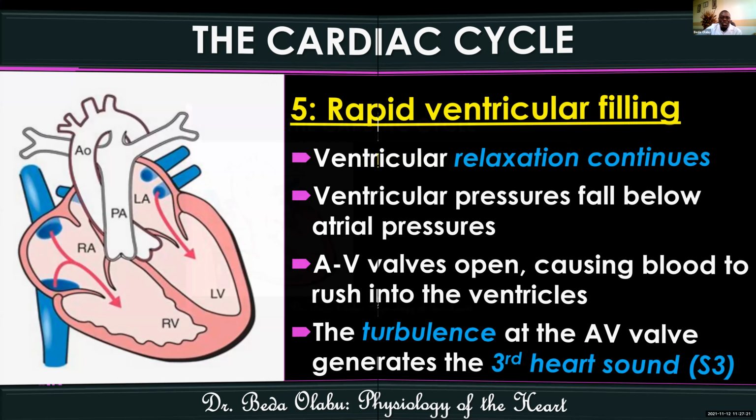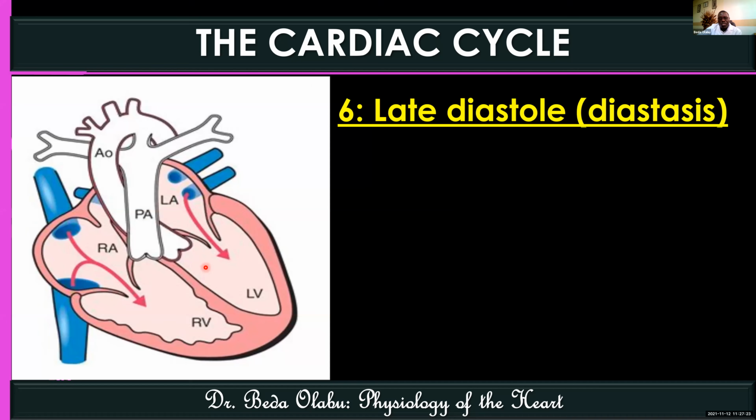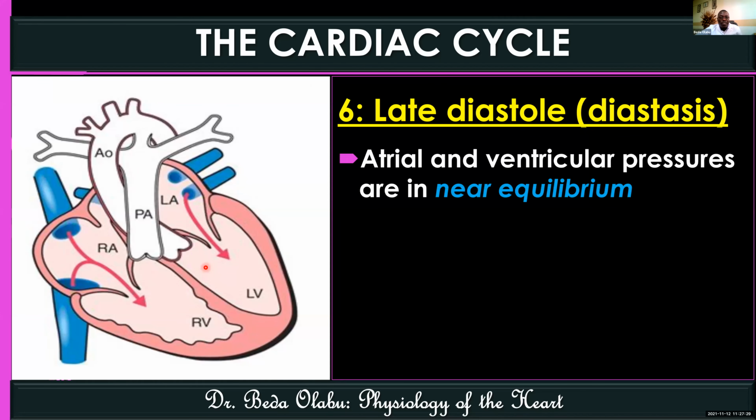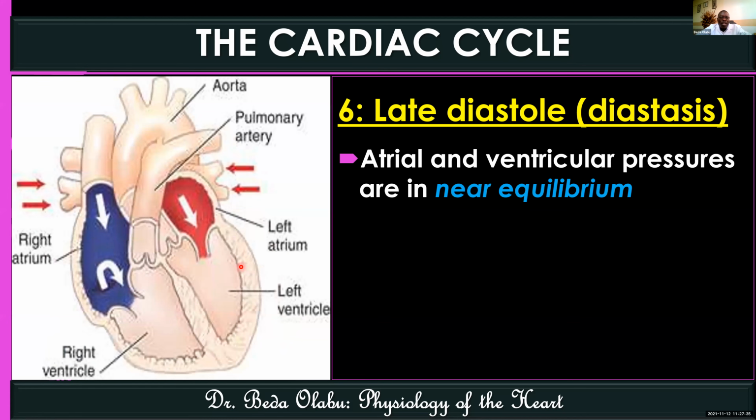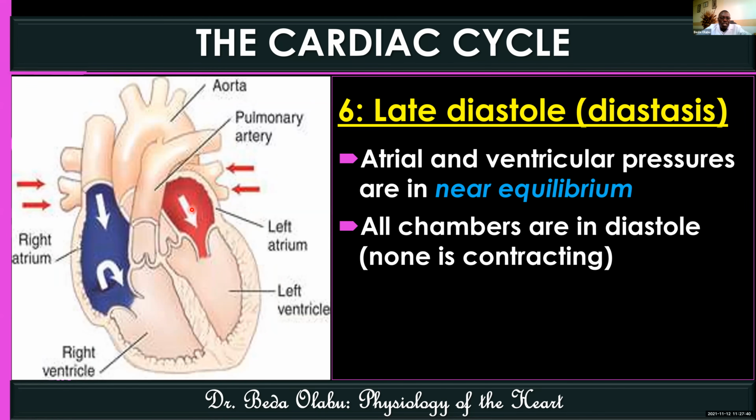And that will lead us to the last phase, which we call late diastole or diastasis, so to speak. During the late diastole phase, the atrial and ventricular pressures are near equilibrium. And because of that, there is minimal movement of blood from the atria to the ventricles.